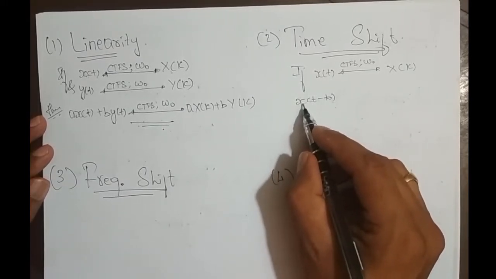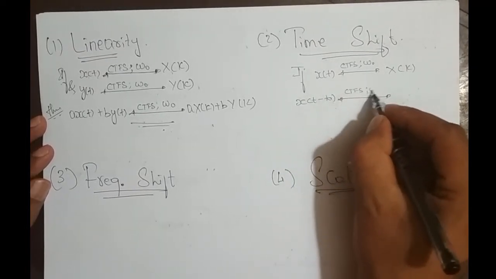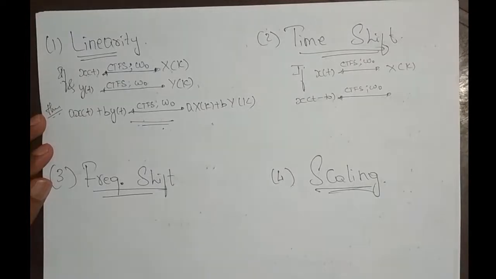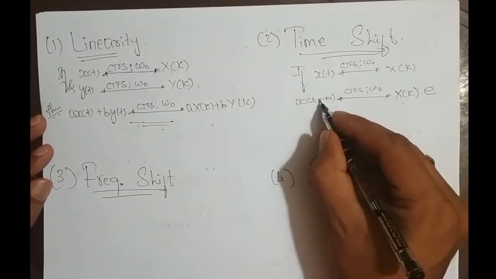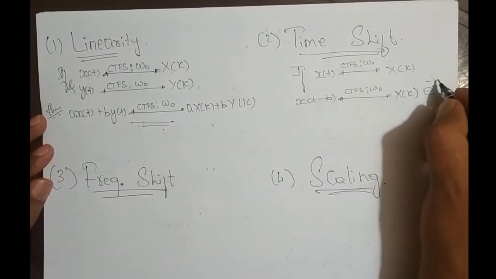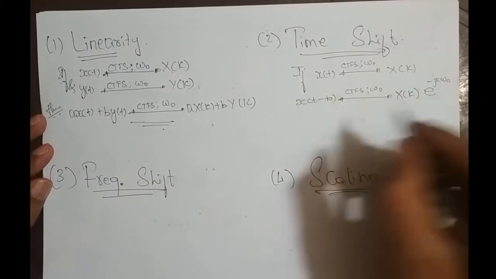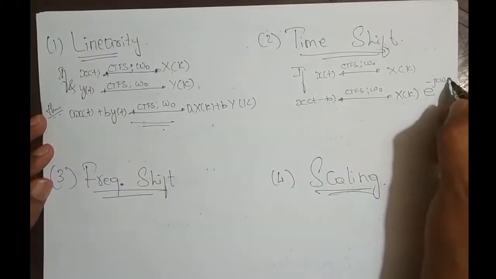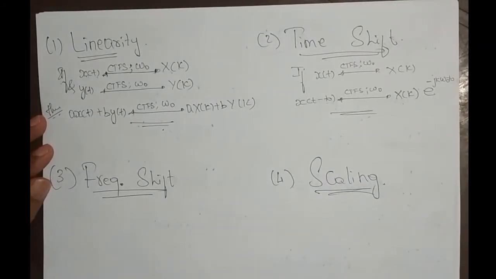Then X of k gets multiplied with e power, you retain the sign, if you have minus you write minus here, j k omega naught, and how many times you shifted, it is t naught, so omega naught t naught. So this is the statement.